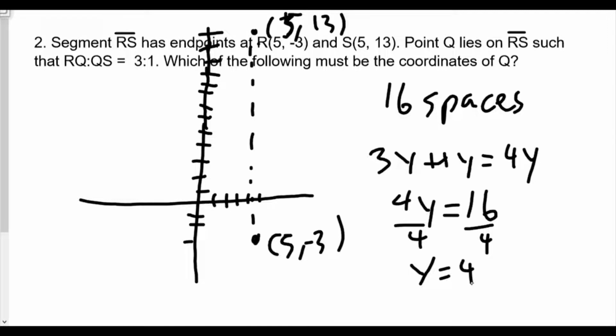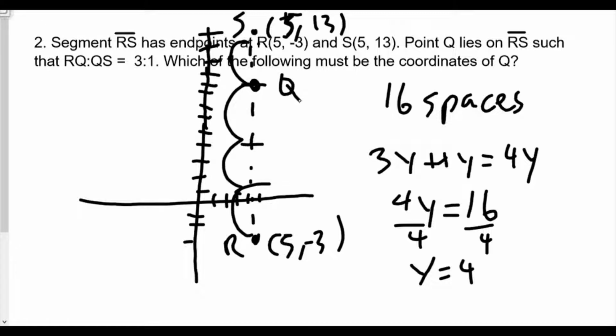Point R is at the bottom and point S is on top. We're breaking the segment into 4 pieces. With a ratio RQ to QS of 3 to 1, Q will be somewhere over here, because it's 3 spaces to 1 space.